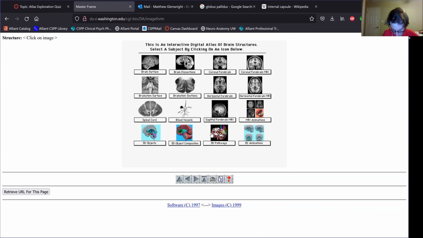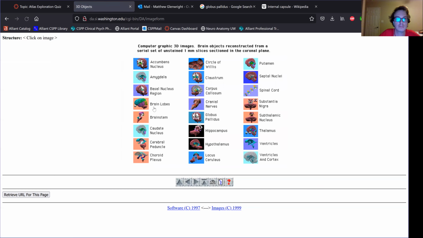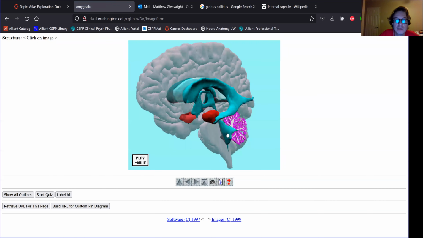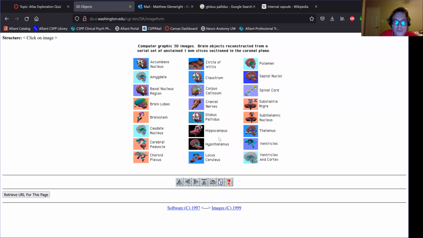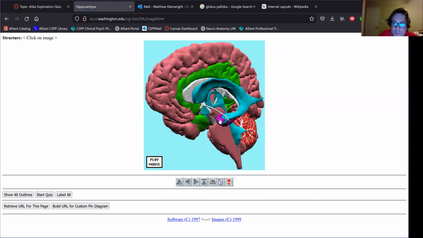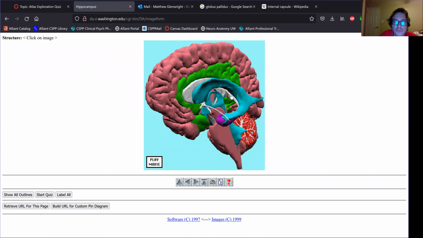So let me see. Since we're talking about it, you have the amygdala right here. And if we look at the hippocampal formations, here are your hippocampal formations, and then here's your fornix.